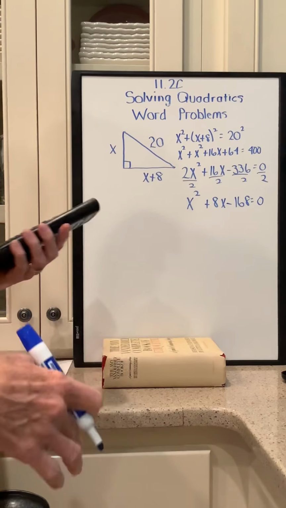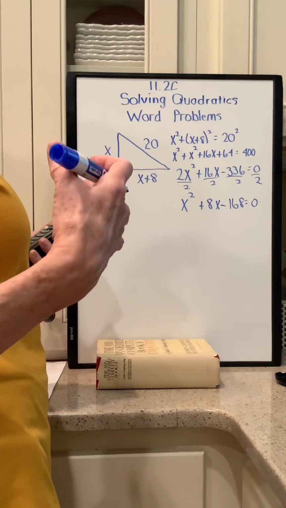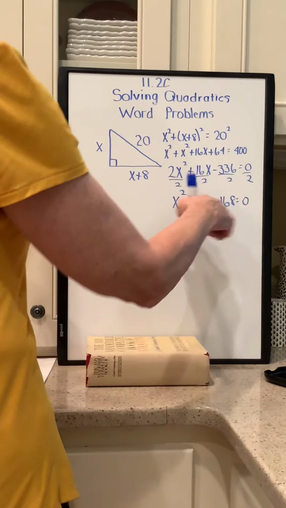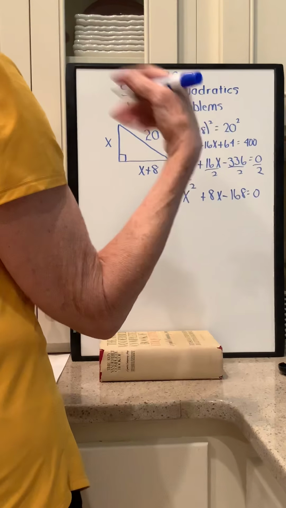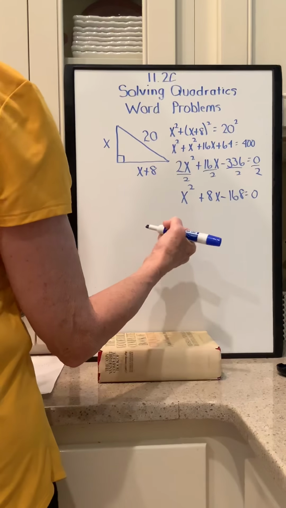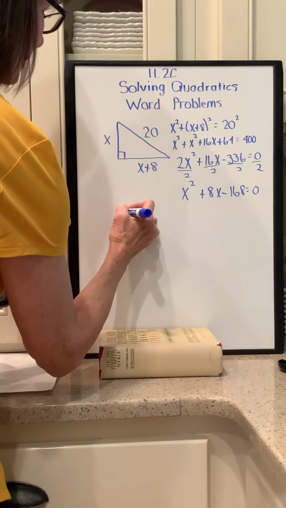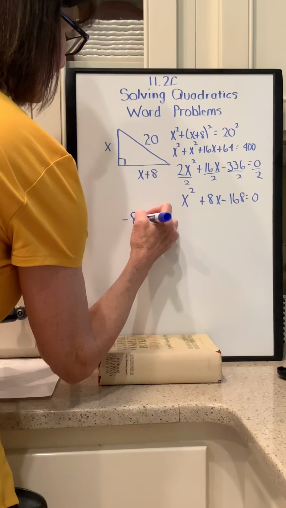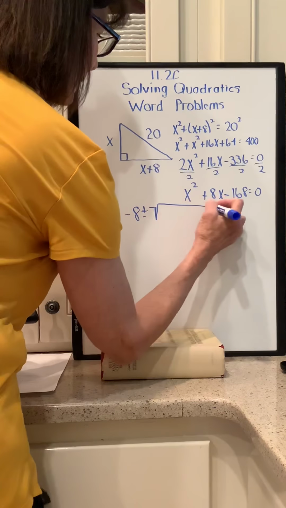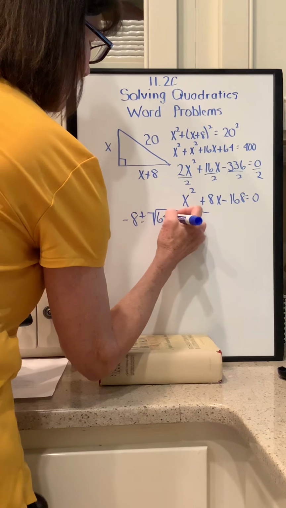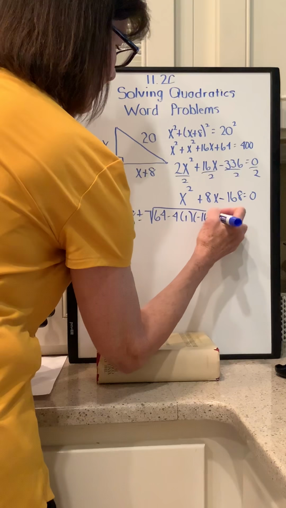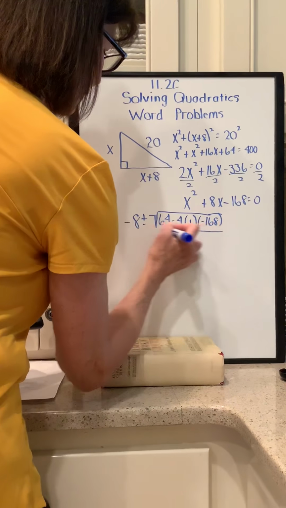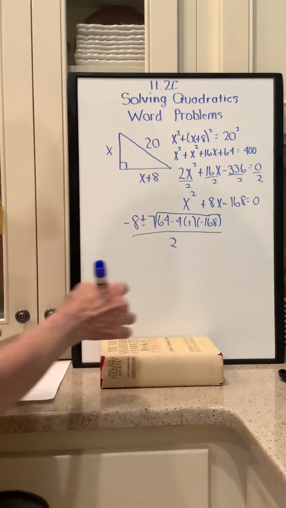You can play around with this, you can factor this, you can complete the square. I'm not going to sit around and try to figure out what numbers multiply together and combine to give me 8. I'm just going to plug this into the quadratic formula. So I've got negative b plus or minus the square root of b squared minus 4 times a times c, all over 2a, and a is 1.